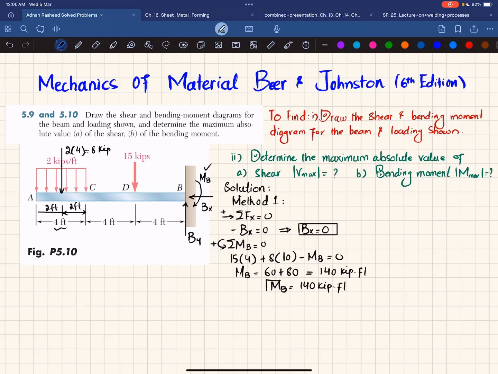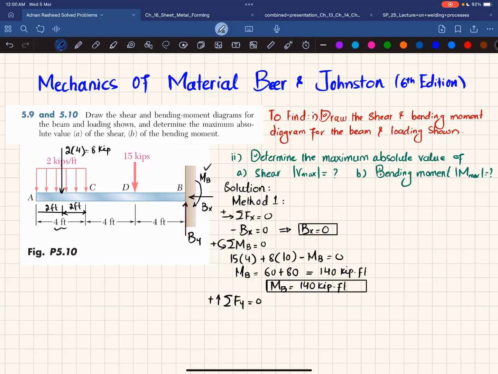The last thing which we will find is By, and we can find it by using the third equation of equilibrium, that the sum of all forces along the y direction must be equal to 0, and upward force is taken as positive. You can see 8 kip is downwards, and 15 is also downwards, so minus 8 minus 15 plus By is equal to 0.